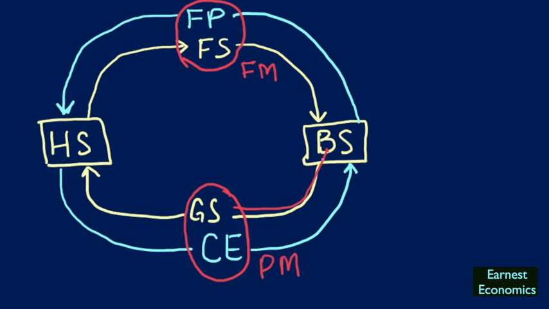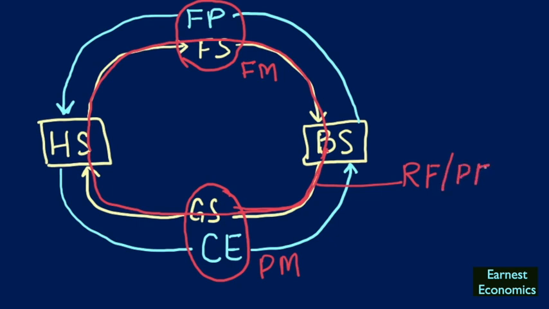Now the business sector produces goods and services. These flow through the product market to the household sector, and from the household sector, factor services or factors of production move to the business sector, and this is what we called earlier a real flow. So this is real flow, or product flow.